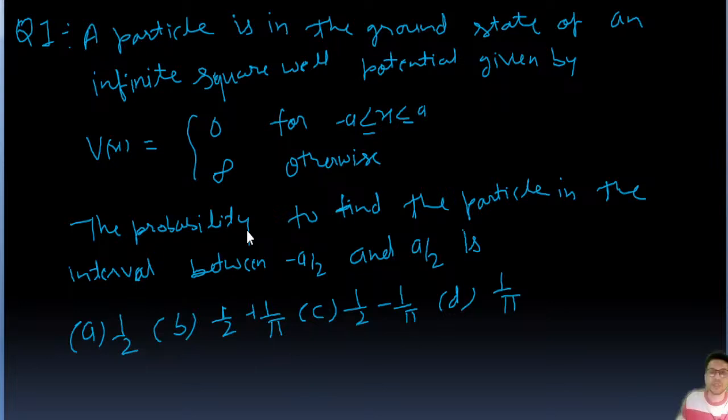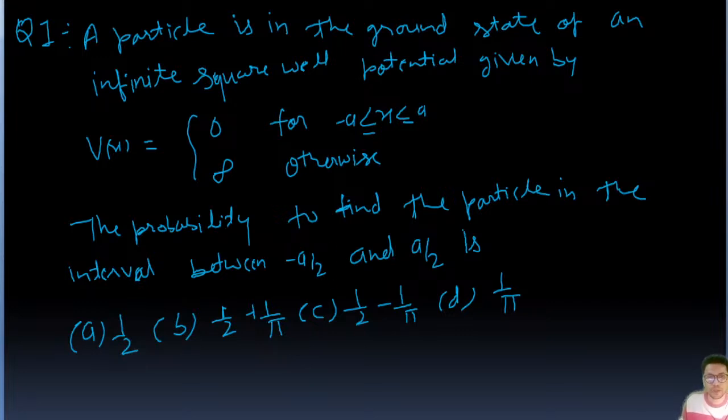V(x) is 0 if x is between minus a to plus a and infinite otherwise. The probability of finding the particle in the interval between minus a by 2 and a by 2, you need to find out.